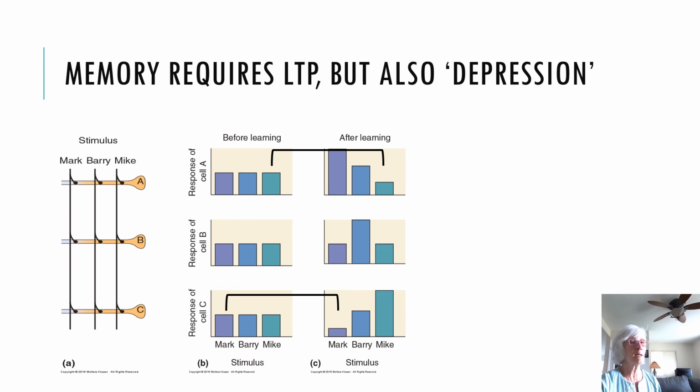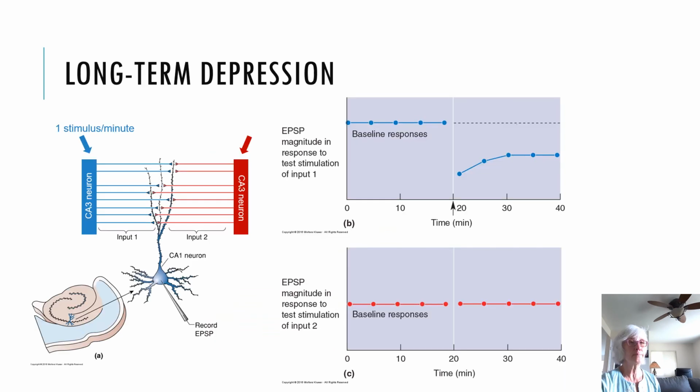So there is a decrease in the strength of that connection, and it's that pattern of increases and decreases in strength of neuronal connections that are stored as memories. So we have to have something that is depressing or diminishing that information or that stimulus.